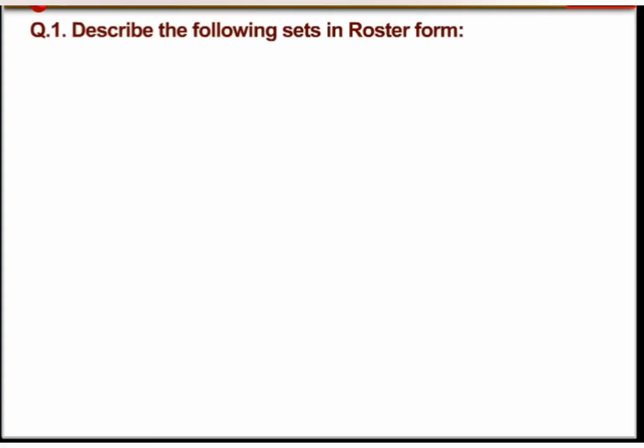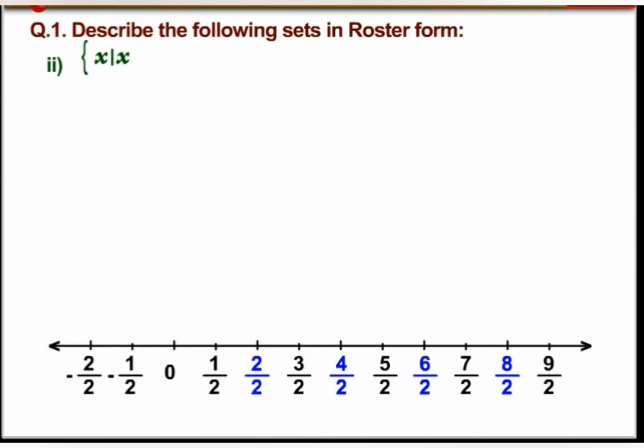Exercise 1.1. Describe the following sets in roster form. Number 2. The set of X where X is an integer, and minus 1 upon 2 is less than X and X is less than 9 upon 2. Answer.